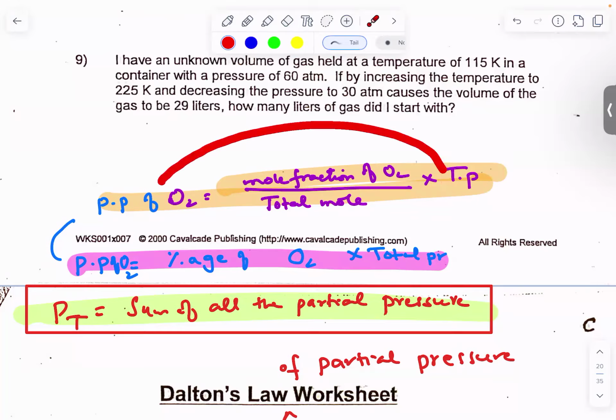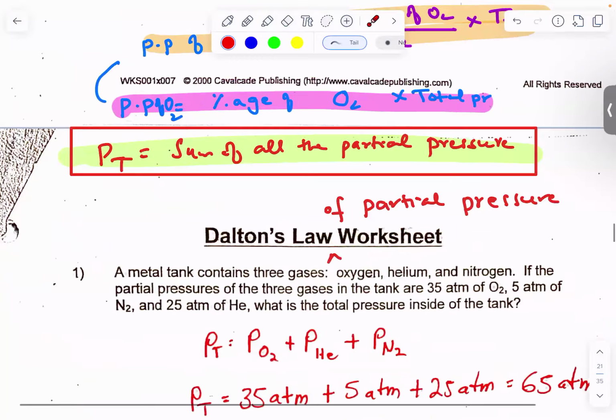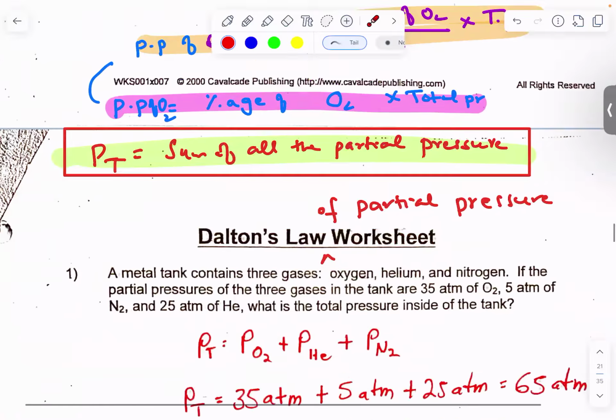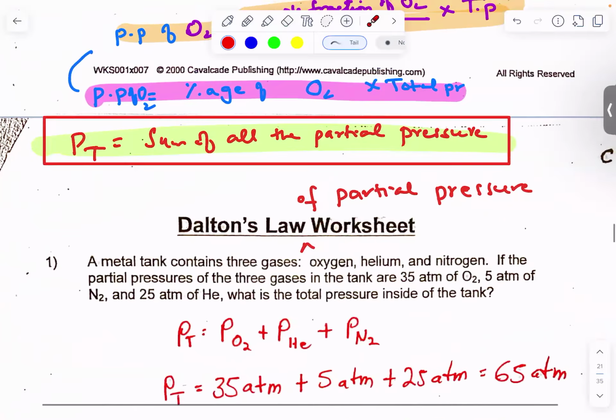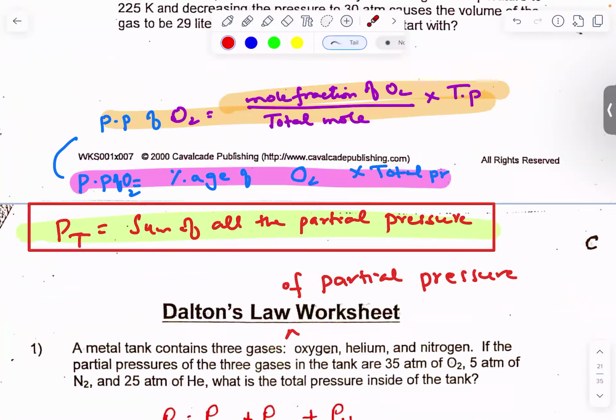Whatever the answer is, that would be the partial pressure of nitrogen. Are you getting my point? Yes. So maybe we will come across these formulas in the upcoming questions. Any confusion in it?